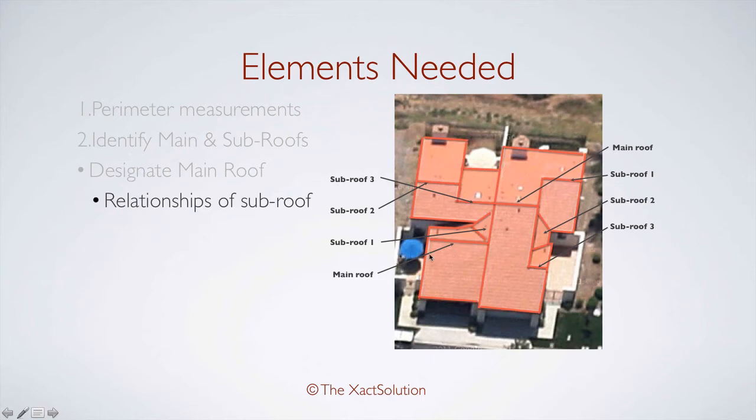And if we designate this the main roof, then we can determine whether or not the eaves of this one are the same as the eaves of this one, the eave heights. And I'll go into that in a second. This would be the main roof, and then identifying all these subroofs from that main roof.